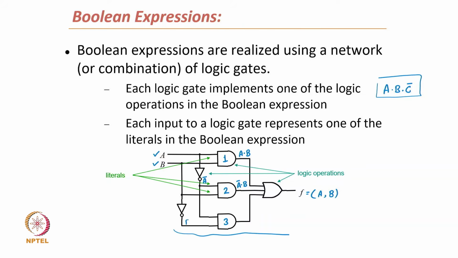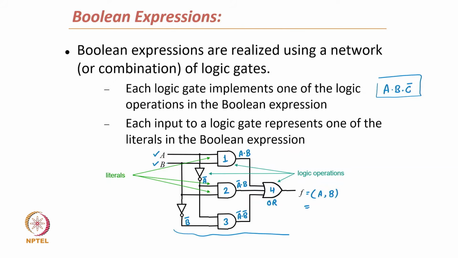Now, this signal is B bar because B is passed through an inverter. So, now this is A bar, this is B bar. So, this signal is A bar into B bar, and all these 3 signals are further added using this OR gate.